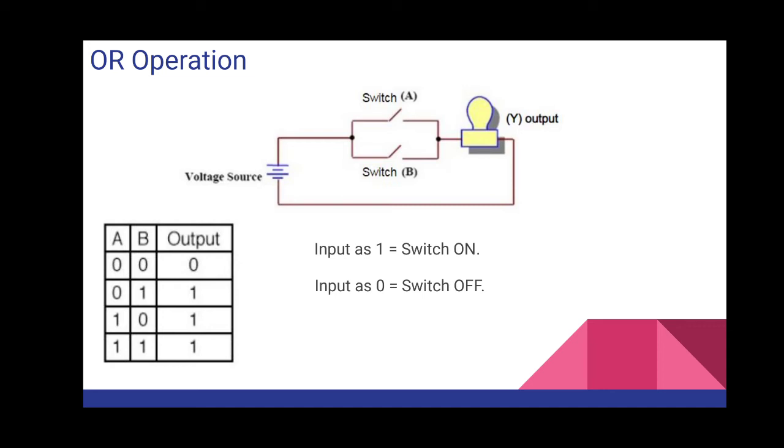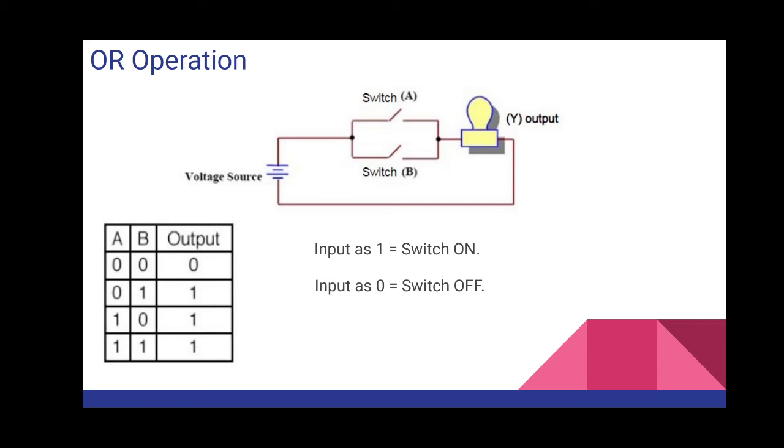0 0. Same logic. If input is 0, that means the switch is off. It is not connected. So the current will not flow through that area. Okay. And if the input is 1, that means the switch is on. So current will flow through that. So first condition is what? 0 0.